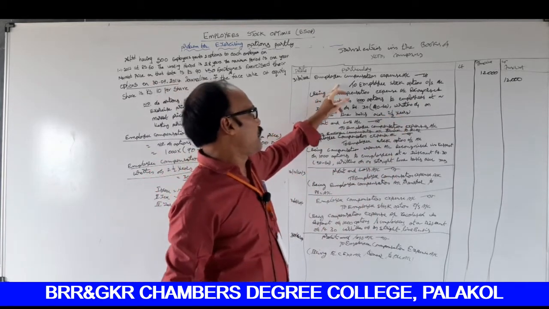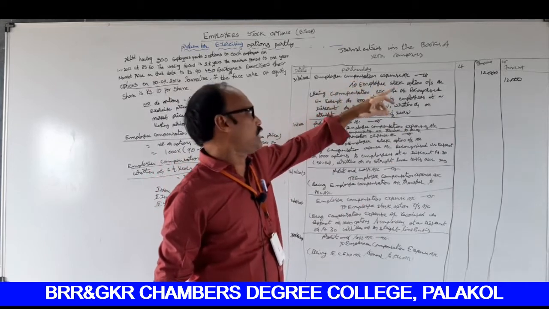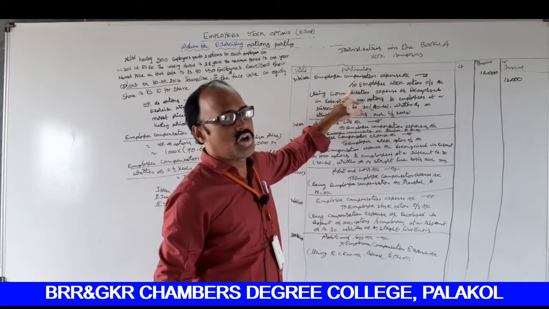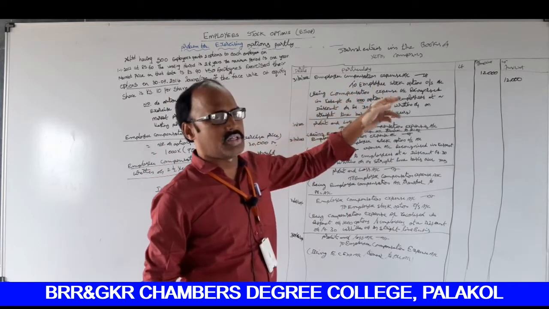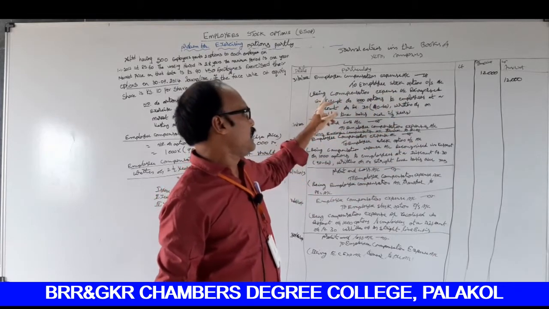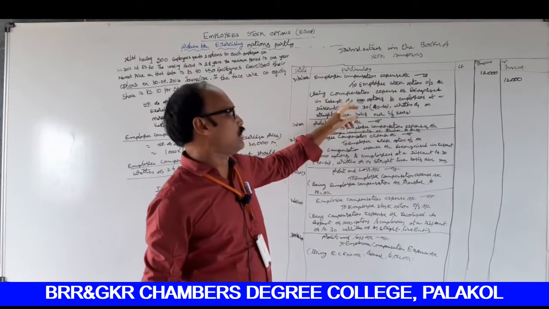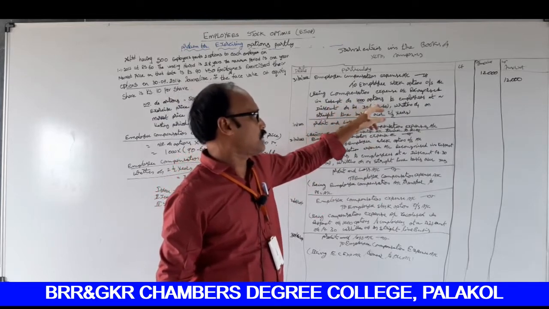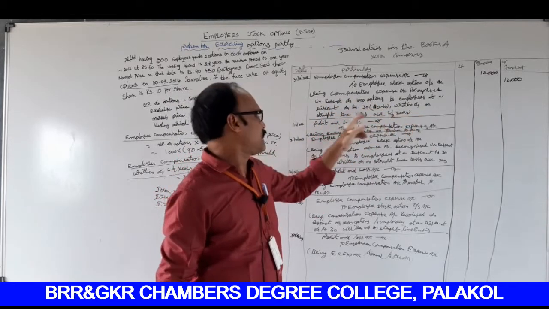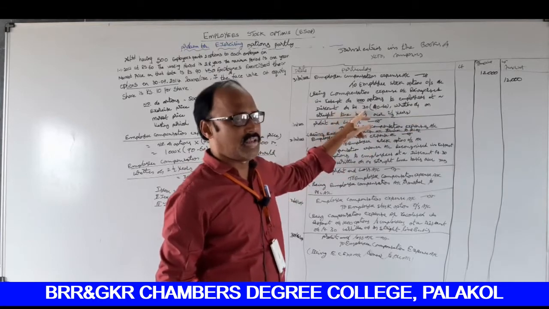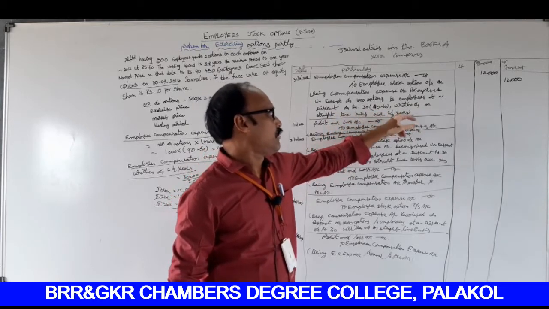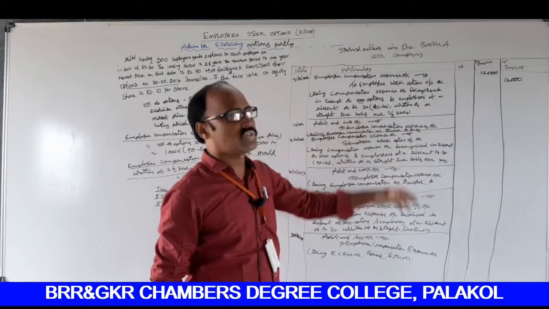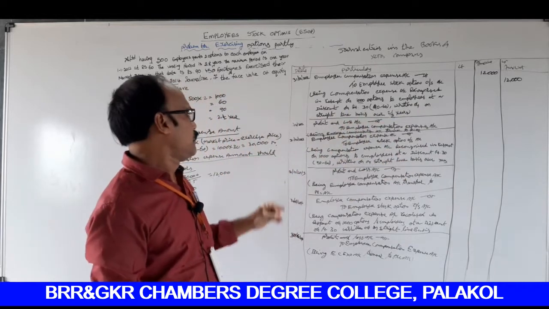So, employee compensation expense account debtor to employee stock option outstanding account 12,000, 12,000. Being compensation expense account recognized in respect of 1,000 options to employee at a discount of rupees 30, 90 minus 60, written off on straight line basis over 2.5 years.